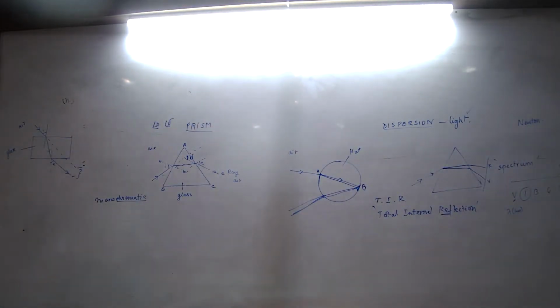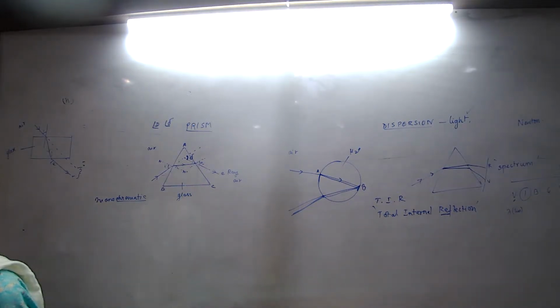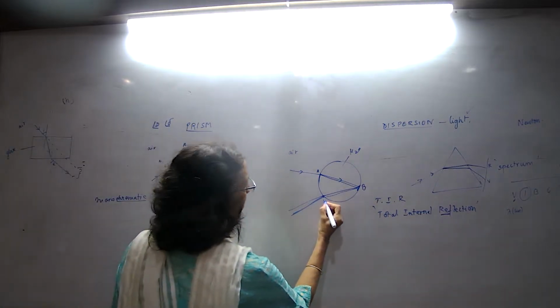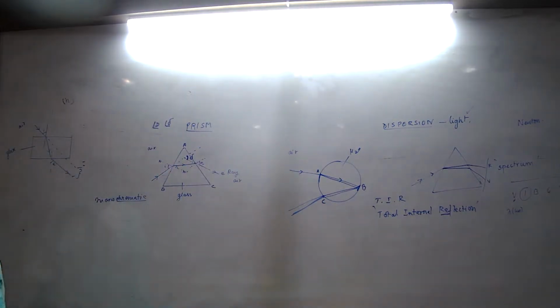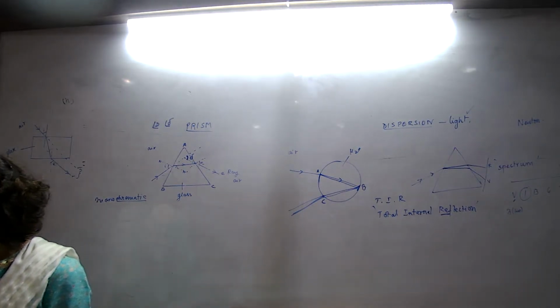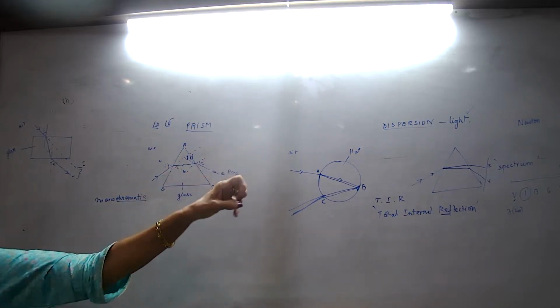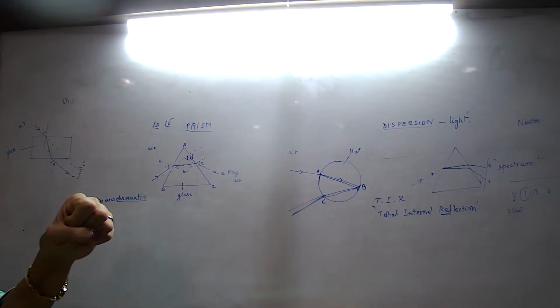And at point C, once again refraction takes place. So when you answer the formation of a rainbow, these are the points that I want you to highlight.